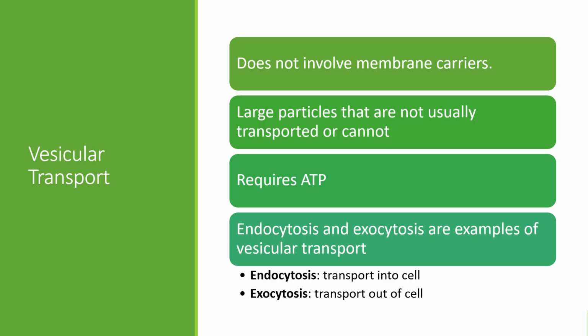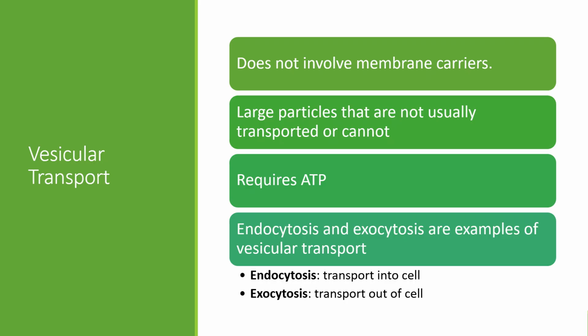So now let's talk about vesicular transport. So if you remember from our discussions before, a vesicle is a package full of stuff, right? Whatever it is, it's something that we need to move. When we talk about vesicular transport, we're not involving any type of membrane carriers or channels or anything like this. This is how things are brought into and out of the cell without using those types of structures.